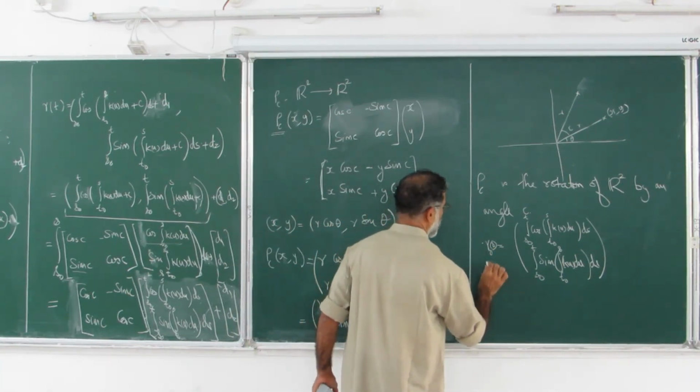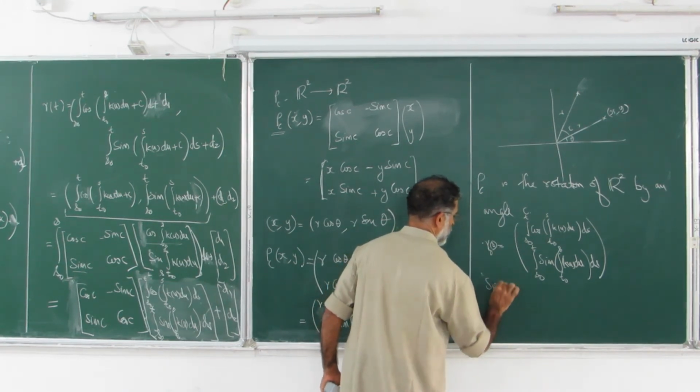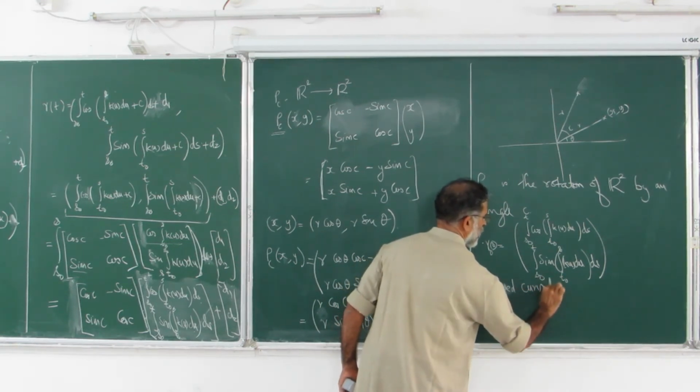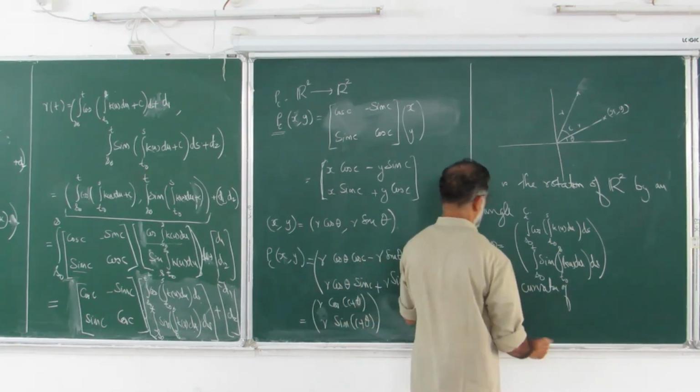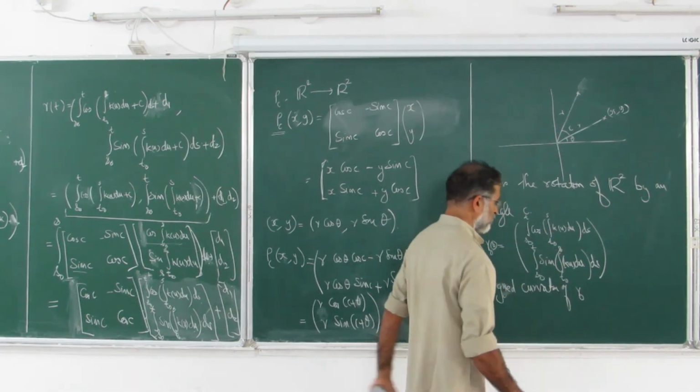its signed curvature is the curvature of gamma naught. It's a unit speed curve.